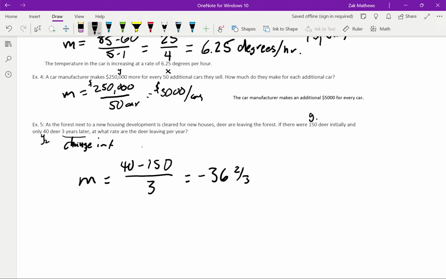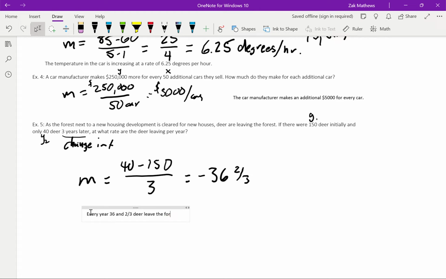And then in the last example, as we make more cars, we make more money. But in this case, as time progresses, we actually have fewer and fewer deer. So we can say every year, 36 and 2/3 deer leave the forest.